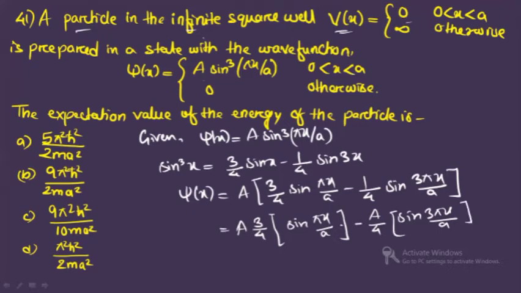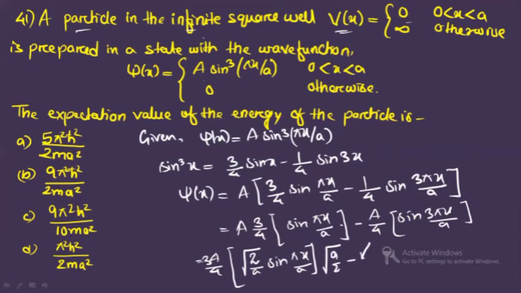So if I write this term, 3a by 4, sine pi x by a, as root over 2 by a sine pi x by a, then outside I multiply by root over a by 2.